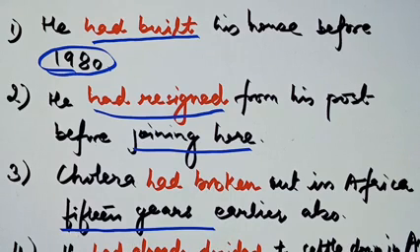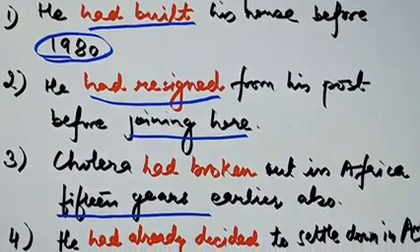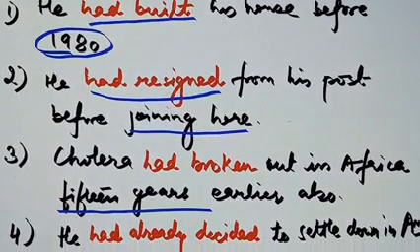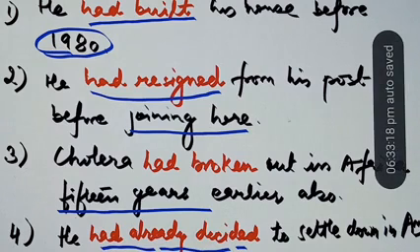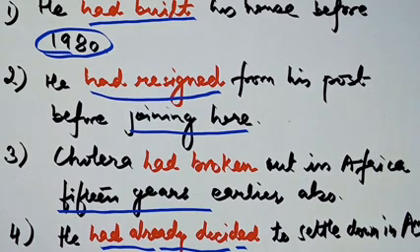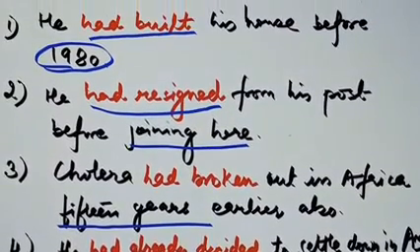And in the same way, in the last sentence, had already decided, the action of settling down in America had been decided earlier. So the work which was done in the past before some particular time in the past, in those sentences we should use past perfect tense.